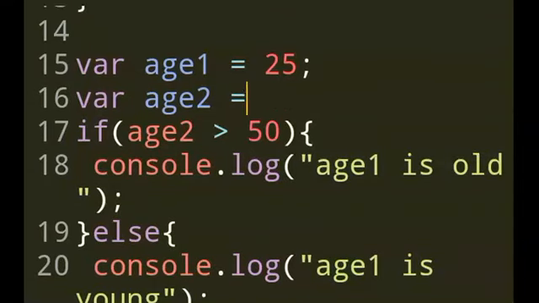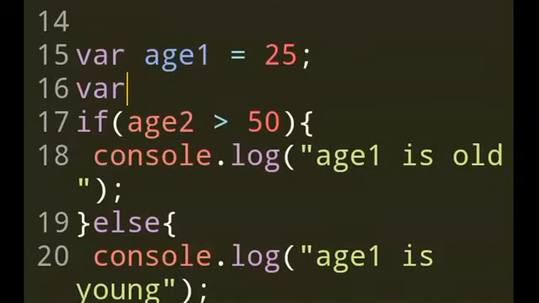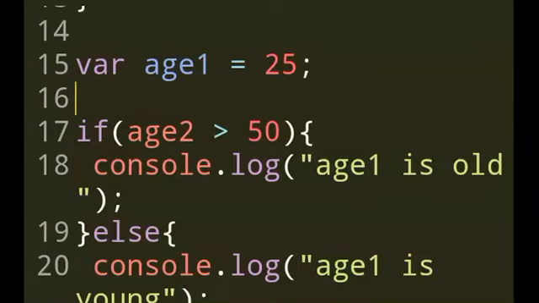I'll give you an example with age2 variables later. So if age1 is greater than 50, age1 is old, otherwise age1 is young. But age1 is given to be 25 years.